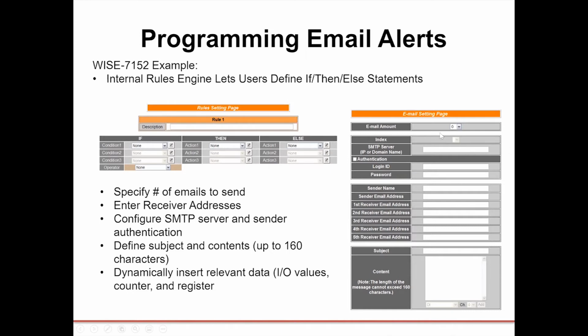To send an email, you specify the number of emails that you want to send up here in email amount. Then you specify the SMTP server that you're sending from, which is going to be an IP or domain name. If it requires authentication, then you enter the login details there. Then the sender name, sender email address, and the email recipients. Then you enter the subject and the contents.